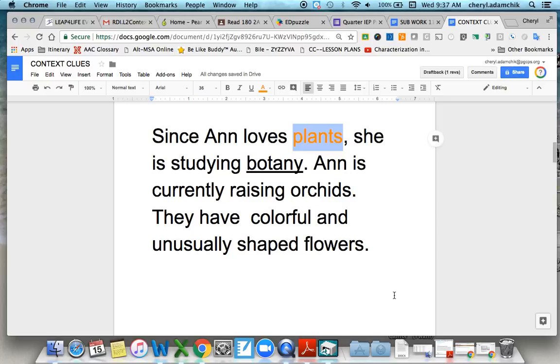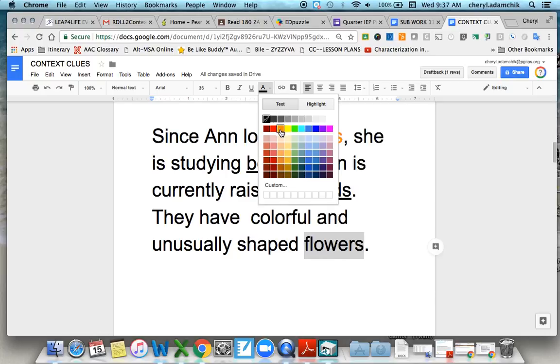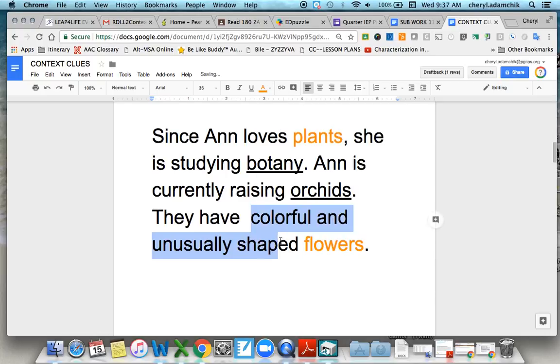All right, the next sentence contains the unfamiliar word orchids, and I'll underline that. Some of you may or may not know what orchids are, but I read on to see that the next sentence explains that orchids have colorful and unusually shaped flowers.